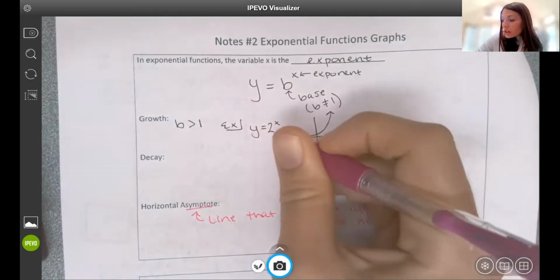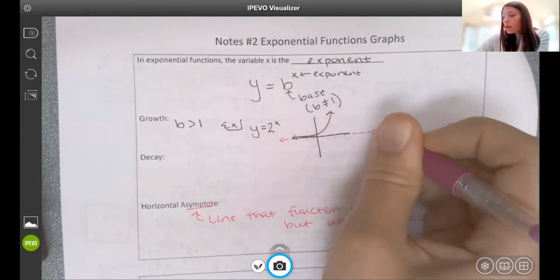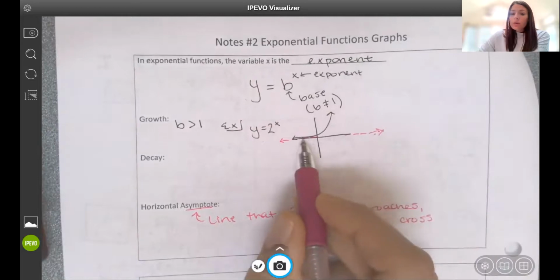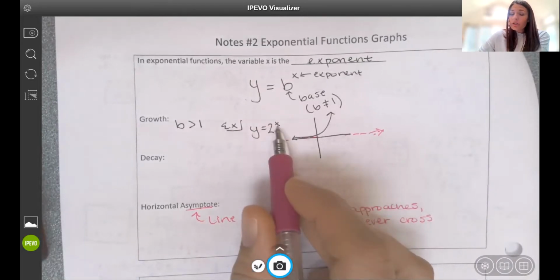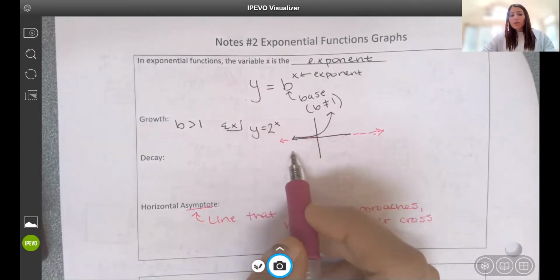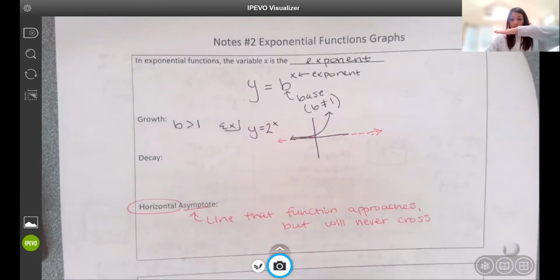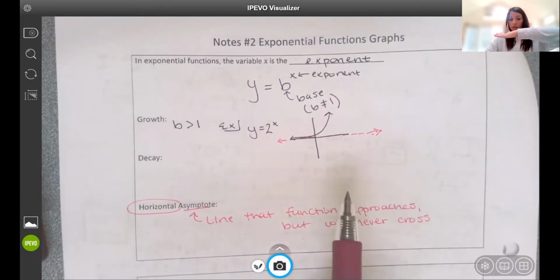So this function is approaching the x-axis, or approaching 0, but it's never going to cross, it's never going to be 0. There's no x value that would make this equal 0. And it's never going to become negative. Now it's a horizontal asymptote, it's a horizontal line. It's approaching this horizontal line.